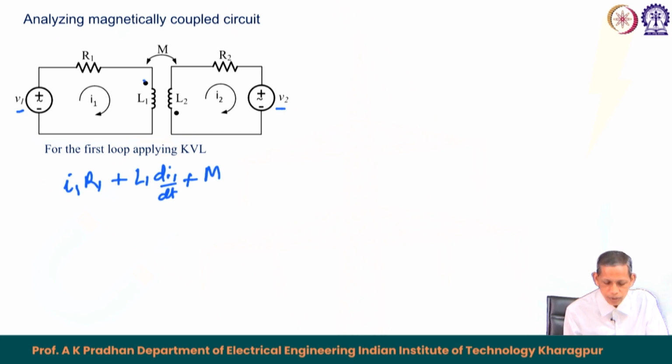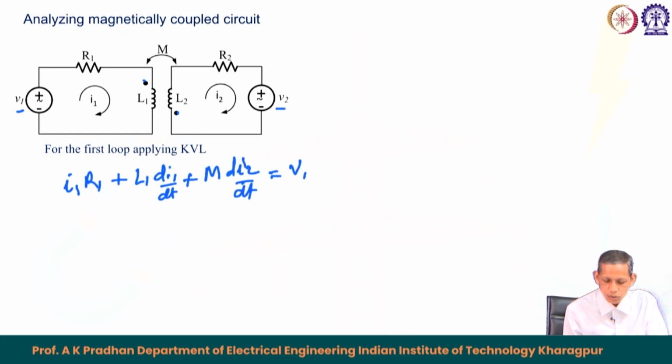Therefore, the mutually induced voltage in L 1 will be positive M d I 2 by dt, because the current associated with coil 2 comes into the picture in the resulting equation, and this voltage drop equals V 1, the input voltage in the system.